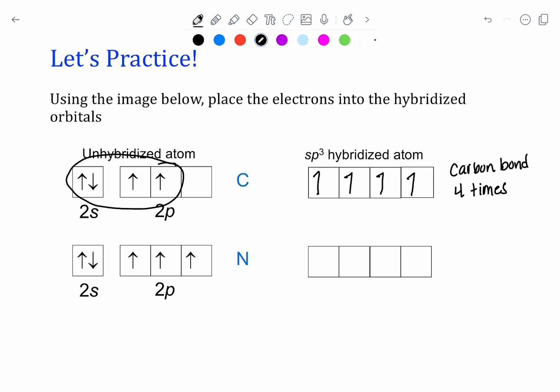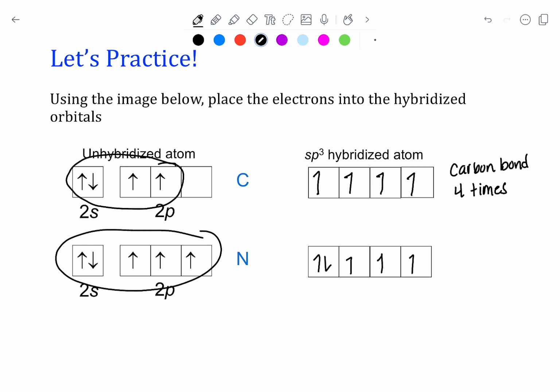If we go on to nitrogen, it has 5 electrons that we need to fit into our sp3 hybrid orbitals. Again, we're just going to start putting in our electrons, following all of our rules: 1, 2, 3, 4. I have 1 electron left. Since all of my hybrid orbitals have their single electrons in them, we still follow our rules and say, okay, now I will pair up.